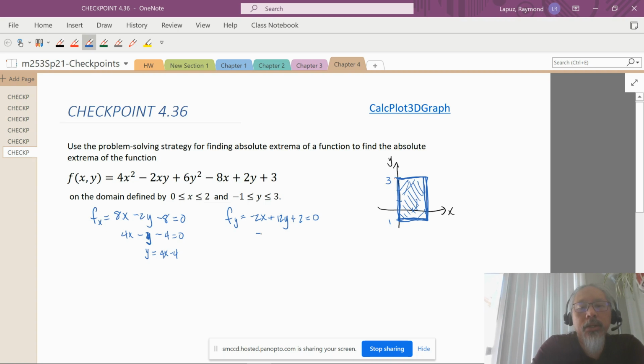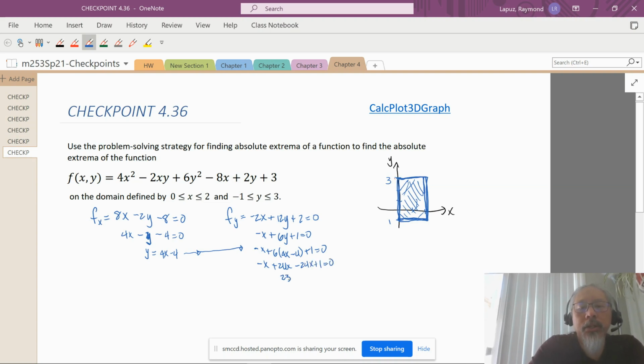Here we're going to have -x plus 6y plus 1 equals 0. We'll put in the y that we got. We get -x plus 6 times (4x minus 4) plus 1 equals 0. And that would be -x plus 24x minus 24 plus 1 equals 0.